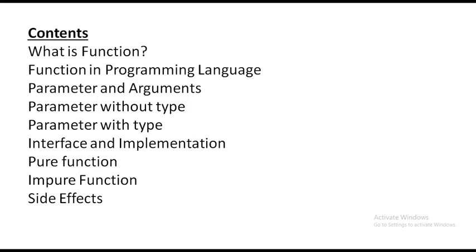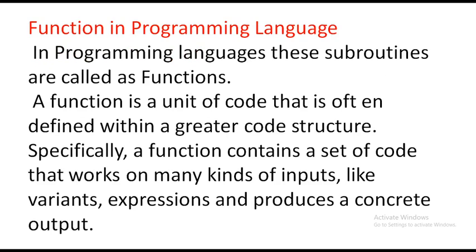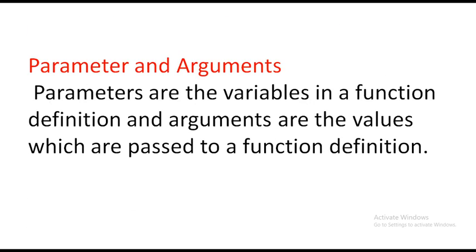Arguments are the values you are going to pass for the parameters. Parameters are the variables in the function definition and arguments are the values which are passed to the function definition.